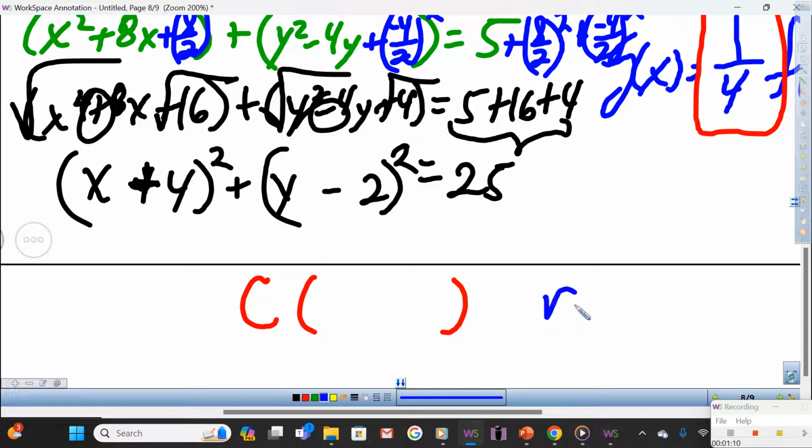What is our center and what is our radius? Center. Let's see, how about Noah? Negative 4 and 2. Radius. 5. Yes, you take the square root of 25.